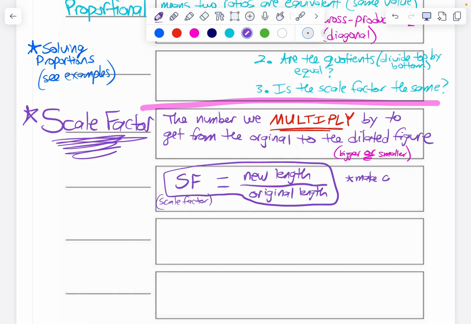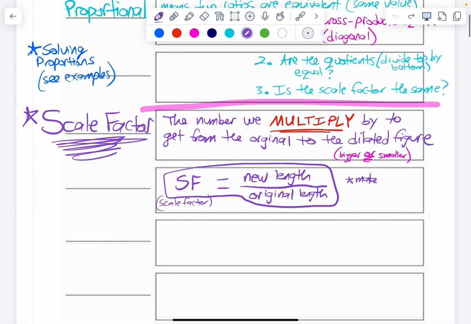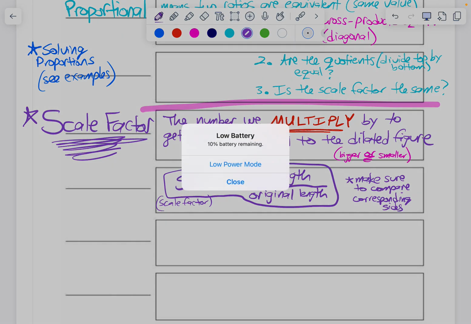As long as you're comparing, geez, I forgot all the words. Make sure to compare, what's that C word again? Corresponding. I know I didn't give you much context for that. Corresponding sides.